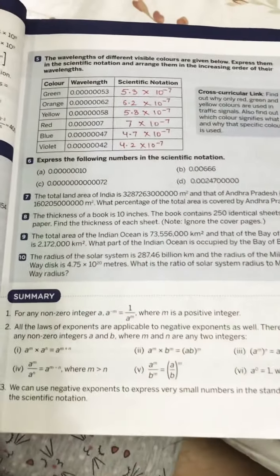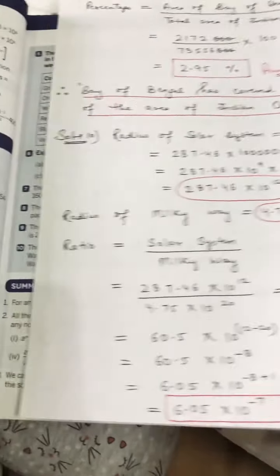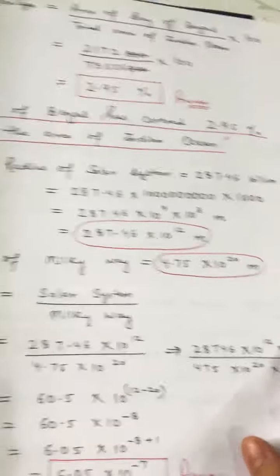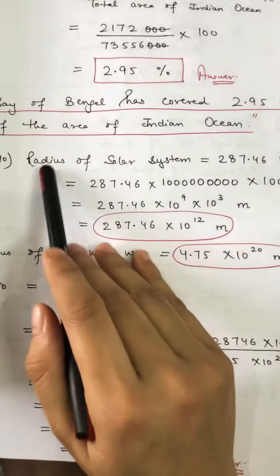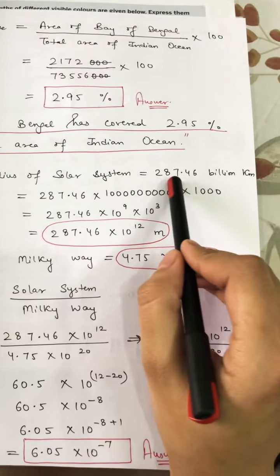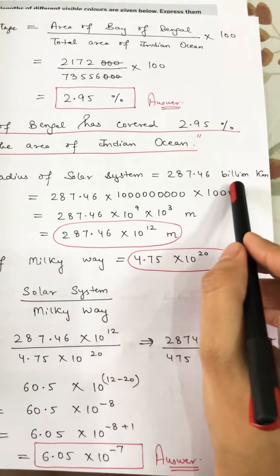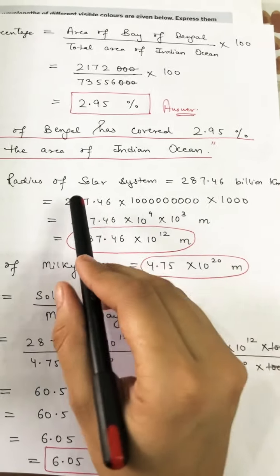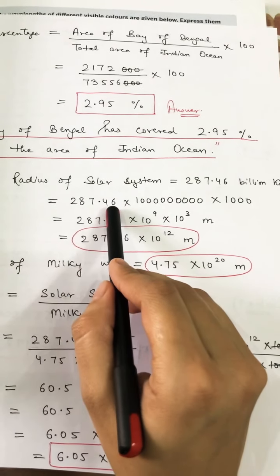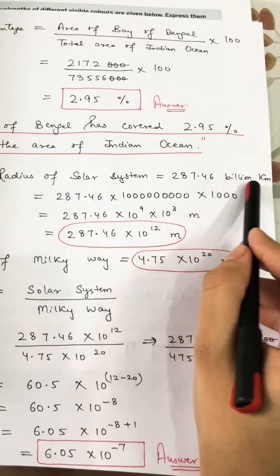So you have to write down the statement this way. First of all, write down radius of solar system is equal to, as given in the statement, 287.46 billion kilometer. So I'm going to write 287.46 multiplied by billion.